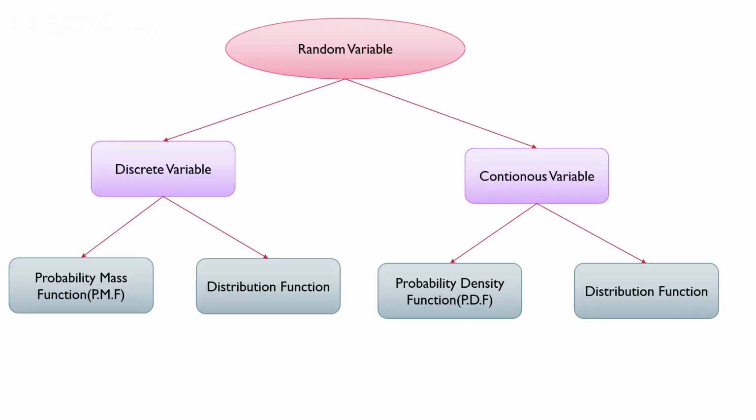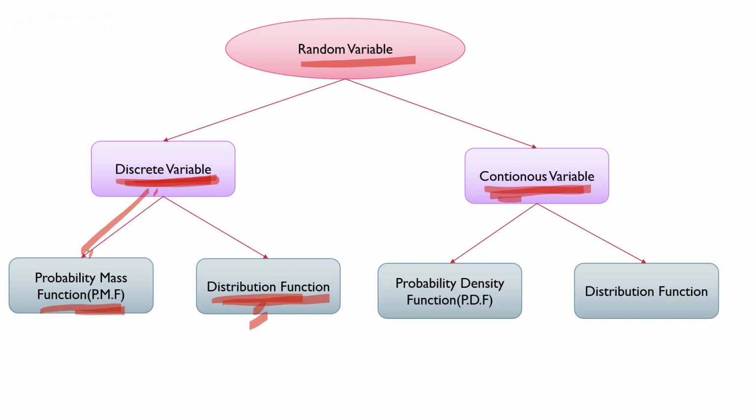Another way you can also say it is that there are two types of random variable, discrete and continuous. If the variable is discrete, we study two functions, the probability mass function and the distribution function for a discrete variable.